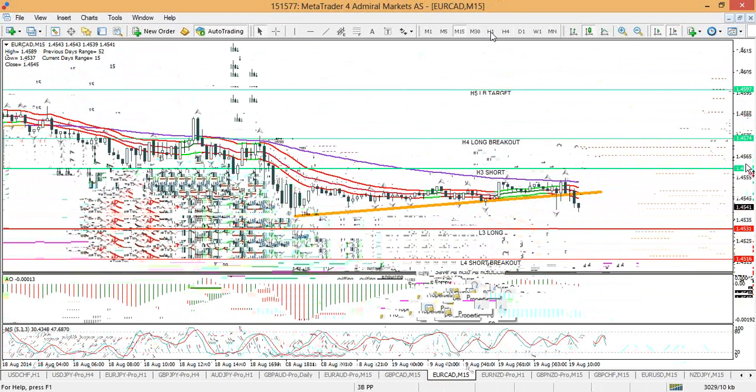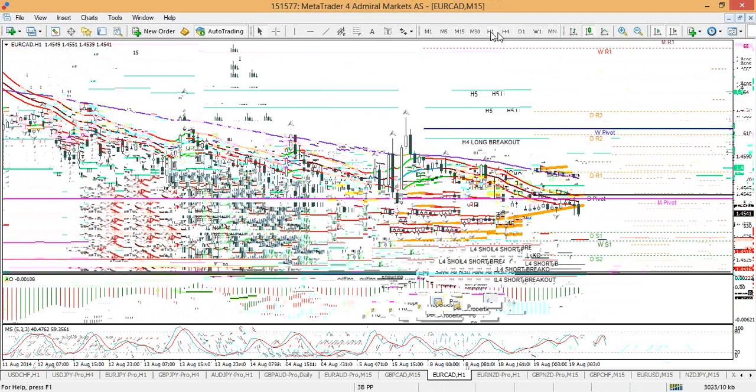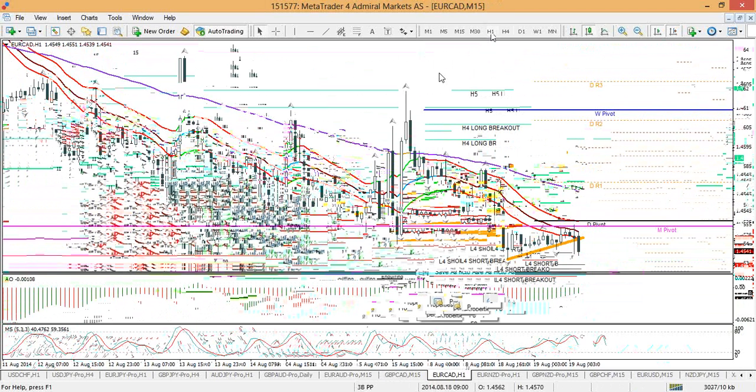It's something to keep an eye on though, maybe throughout the day, to see if there is some EuroCAD potential for downside. But you can see we have to be careful with the disparity. There are a lot of spikes to the upside here within this downside. So yes, but with caution.